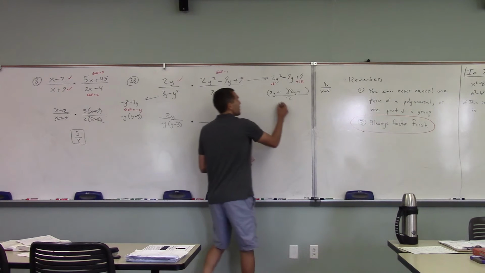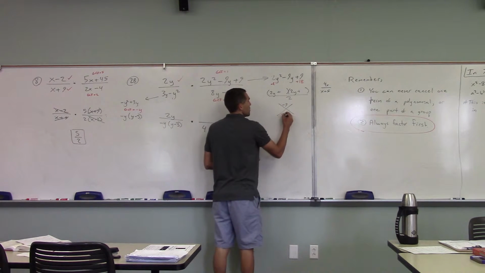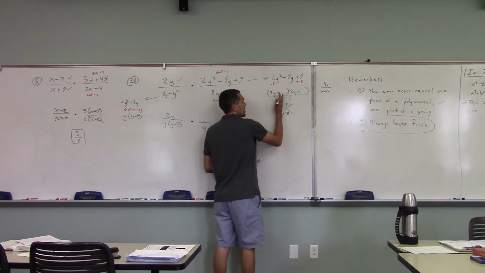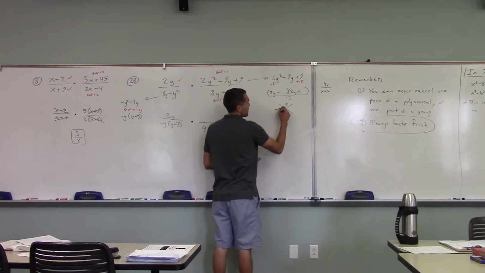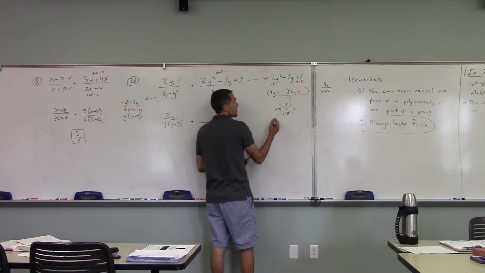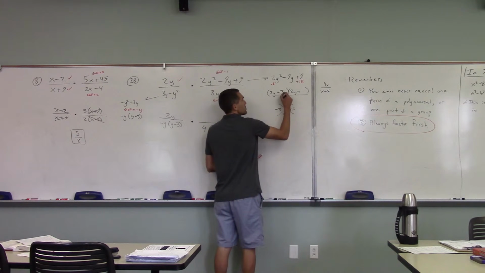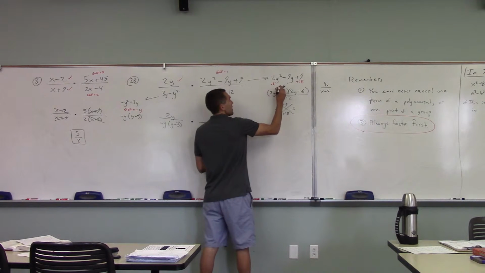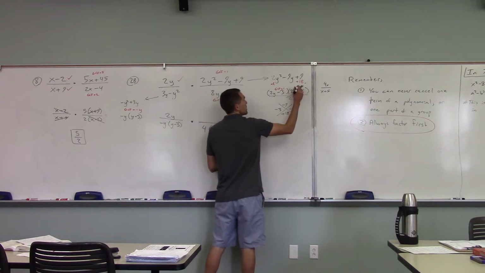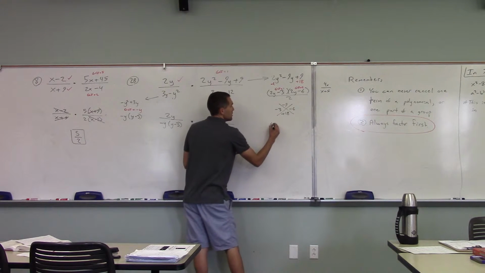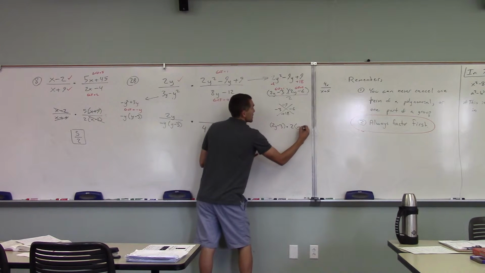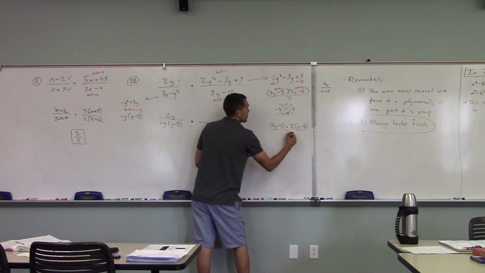And that's when I say, oh, okay, so I gotta add to -9, multiply to 18, that's -3 and -6. Okay, so 2y minus 3, 2y minus 6, and now I'm gonna take my GCF out. GCF is 2. So 2y minus 3 times 2 times y minus 3, all over 2.